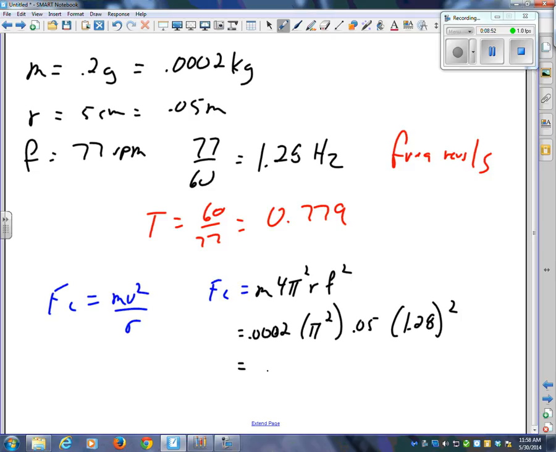I get 0.00016 newtons, 1.6 times 10 to the minus 4.